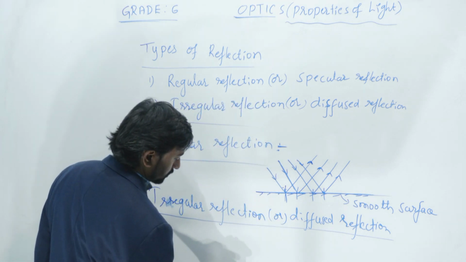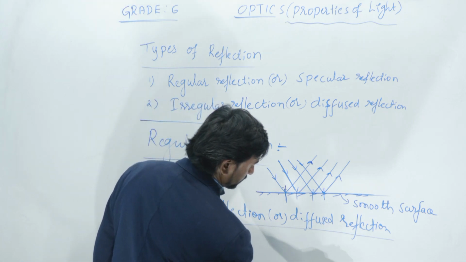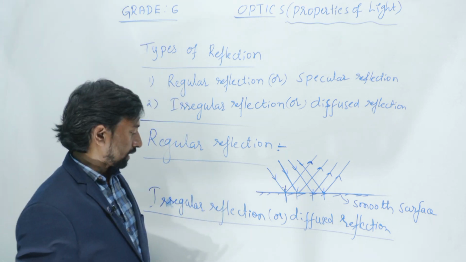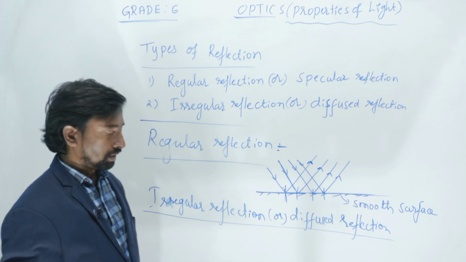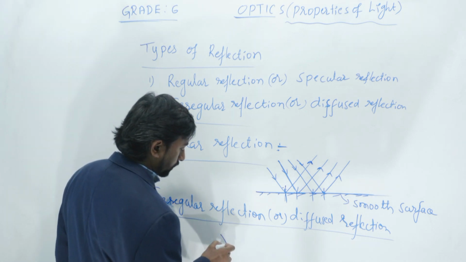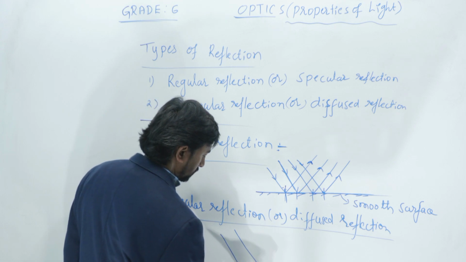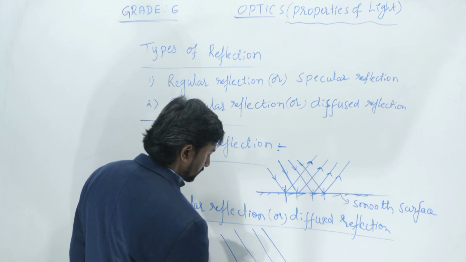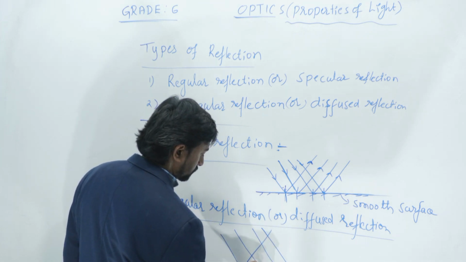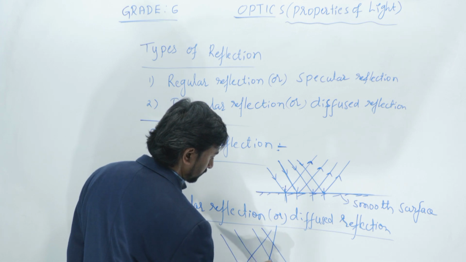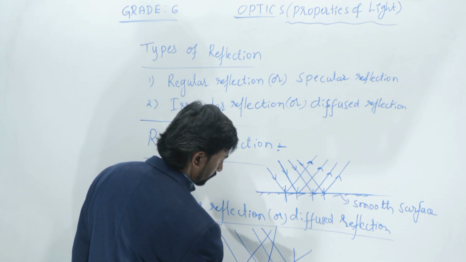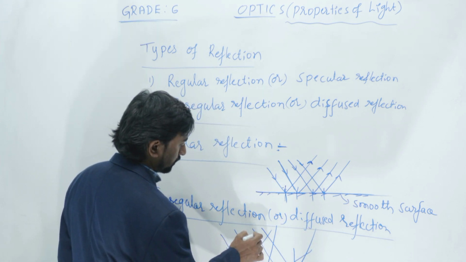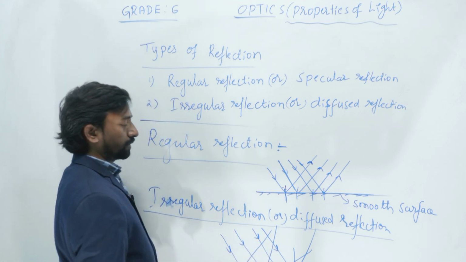Even a smooth surface, if observed through a microscope, shows some irregularities. Whenever light falls on it, the incident rays are parallel, but the reflected rays may not be parallel; they will be different.